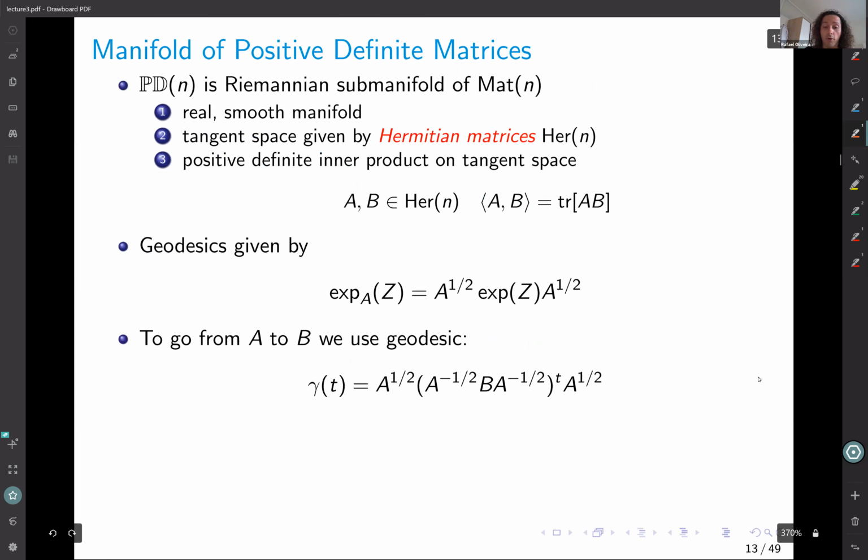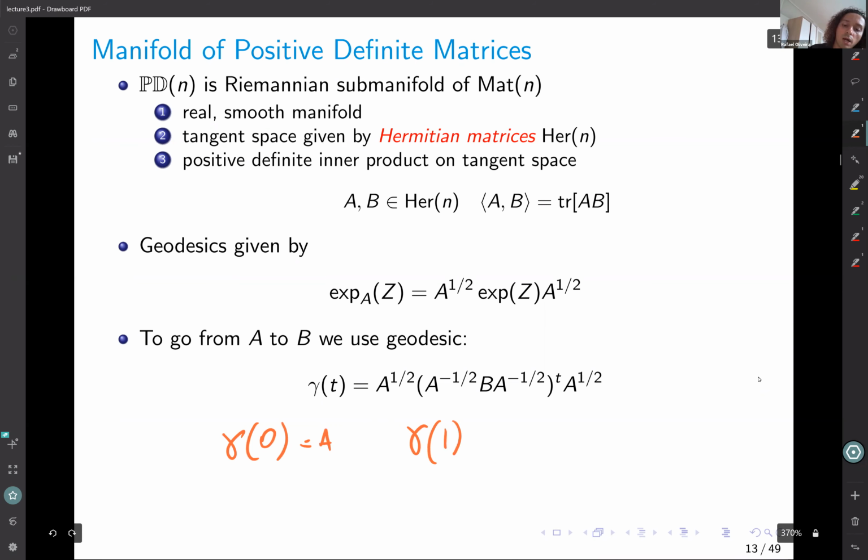And then to go from A to B, the geodesic between A and B is exactly given by this curve, gamma of t, which is A^(1/2) times the thing in the middle, A^(-1/2) B A^(-1/2), to the power of t, times A^(1/2). And you can see that gamma(0) is equal to A, and what is gamma(1)?